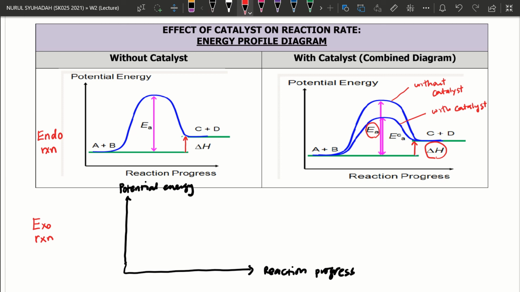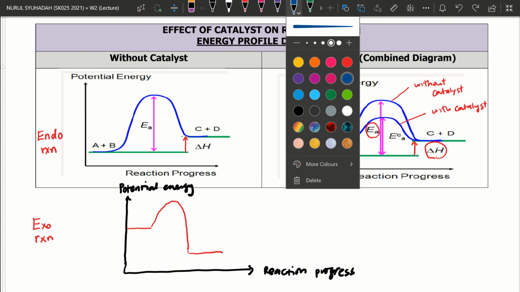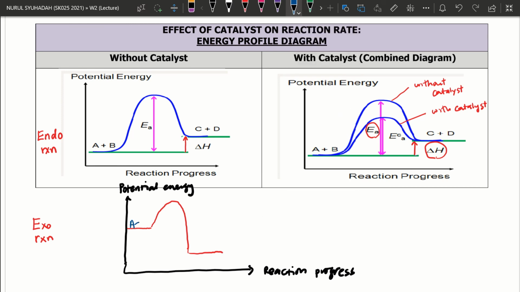So let's start, since it's an exothermic reaction, our reactant is up here, and then you will draw your product down here. So let's say I have A plus B to produce C. The same thing you will label. Here is delta H reaction, and then this is the activation energy. So you can draw it like this.